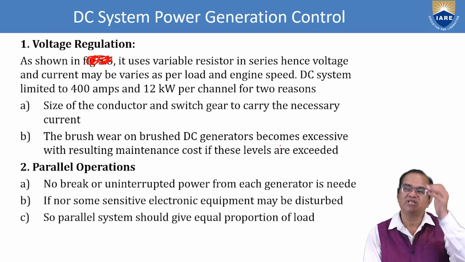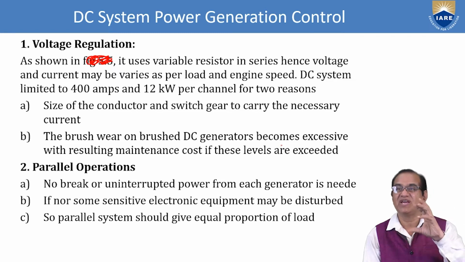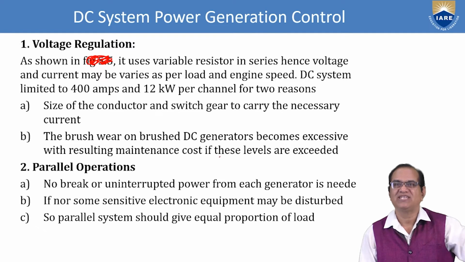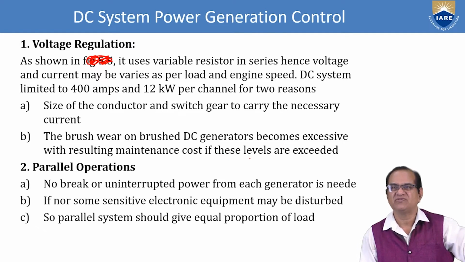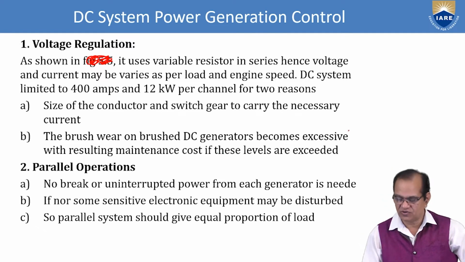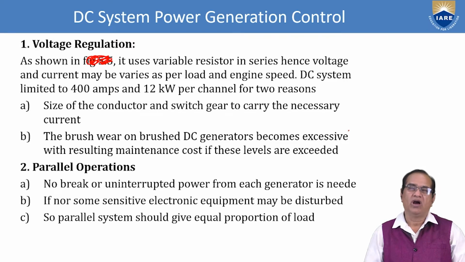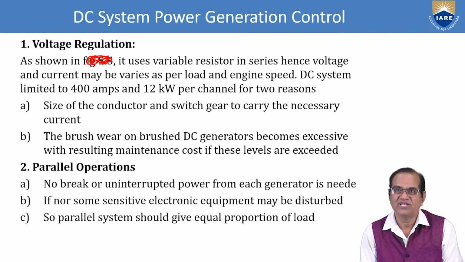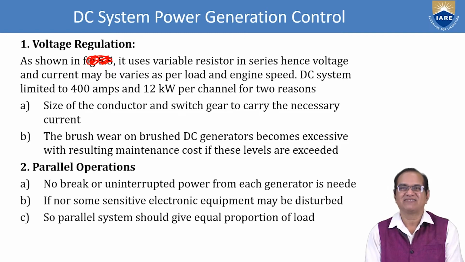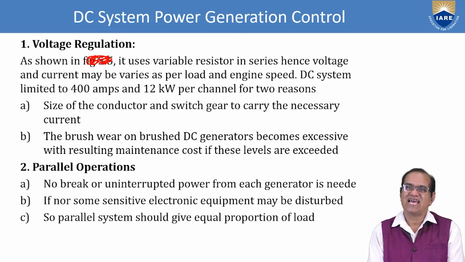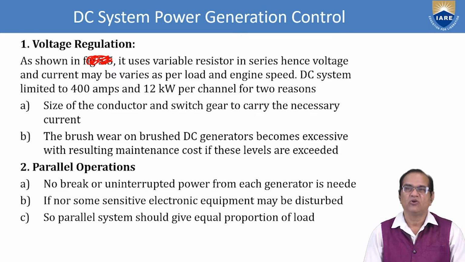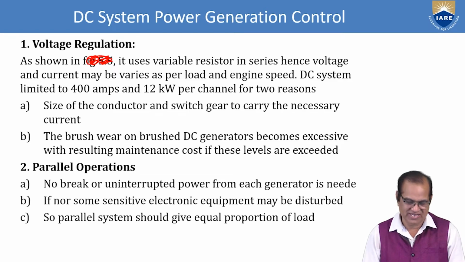If we generate more than this rating, your brushes will be spoiled very soon, with resulting maintenance cost if these levels are exceeded. So if the current level is more than 400 amperes or the power is more than 12,000 watts, then the maintenance cost will also increase, and the size of the switch gears and wires will also increase.